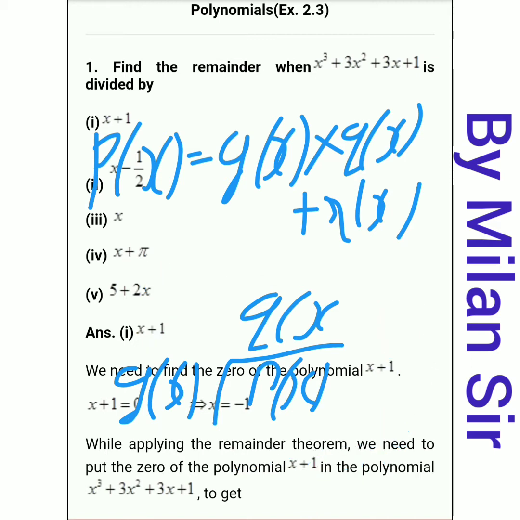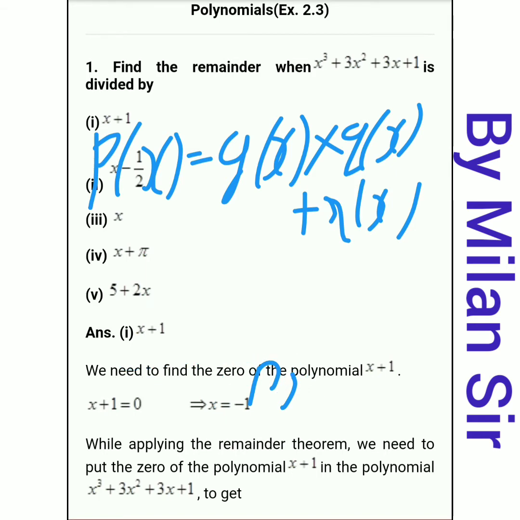Then how can we easily find the remainder R of x? Here in the question we have two things, P of x and G of x, the dividend and the divisor. Now if we put G of x equals 0, that means we take such a value of x so that our G of x becomes 0.